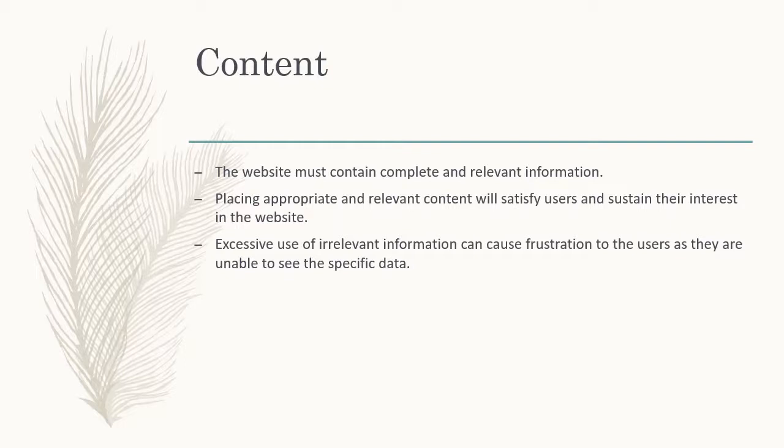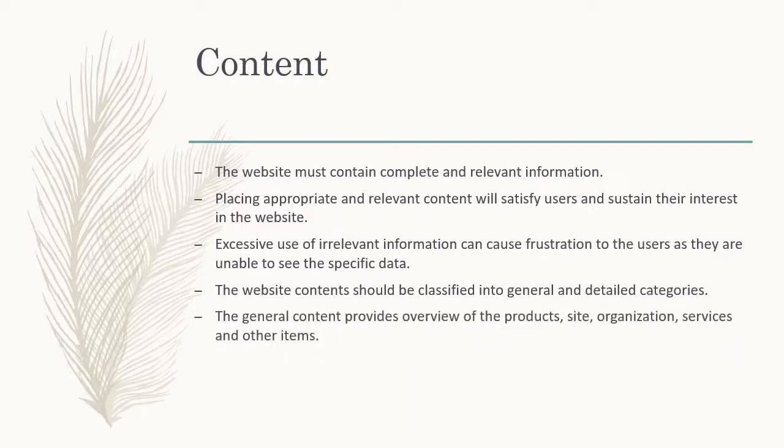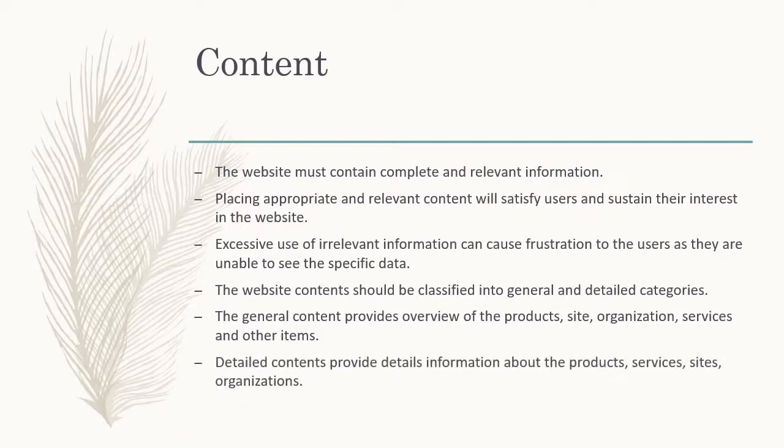The information they provide should be very clear, straightforward, meaningful, appropriate, and authentic to the users. The website content should be classified into general and detailed categories, as I mentioned earlier. General content provides an overview of the products, site, organizations, services, and other items. Detailed content provides detailed information about the products, services, sites, and organizations.